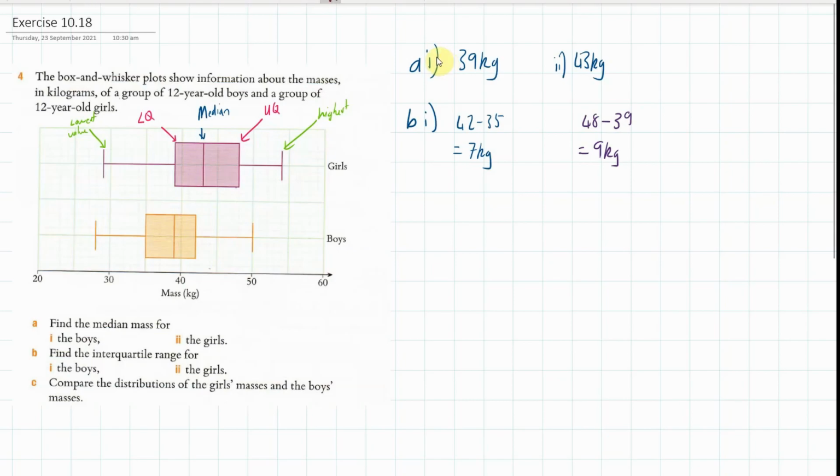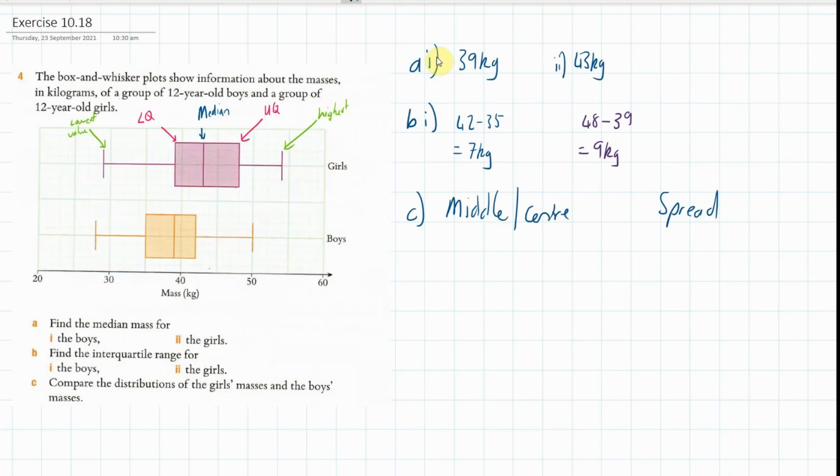Now, let's go on to part C, compare the distribution. Now, when you're comparing distributions, you want to talk about the middle or the center, and then you want to talk about spread. Those are the two things that you want to talk about.